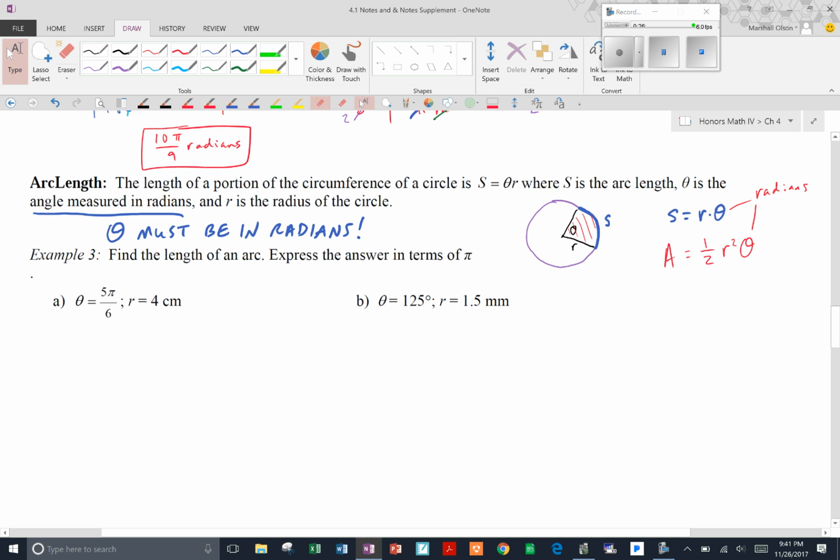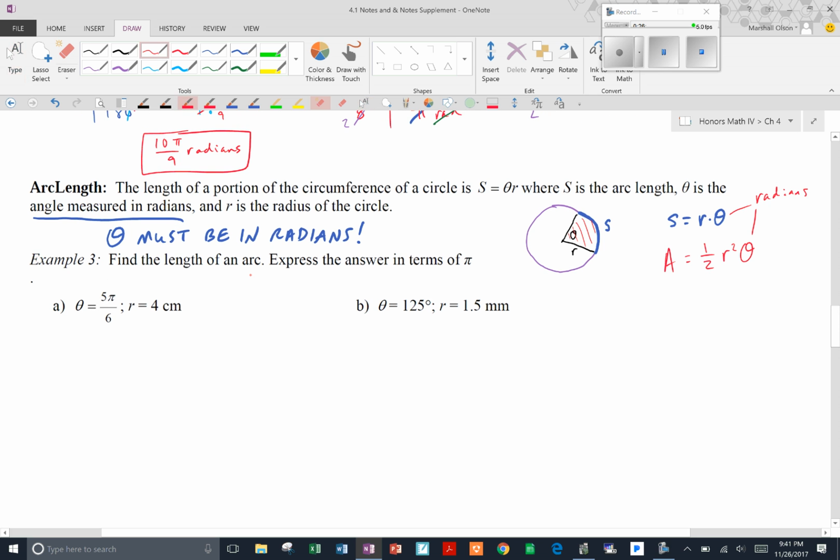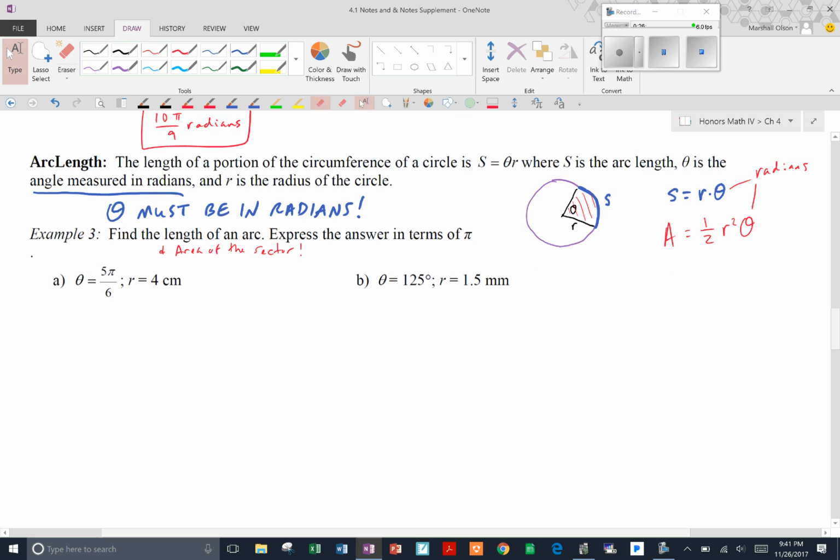So if you look at A here, it says find the length of the arc. We're also going to find the area of the sector. So we have arc length is equal to the radius, which is 4, times central angle, 5 pi over 6.